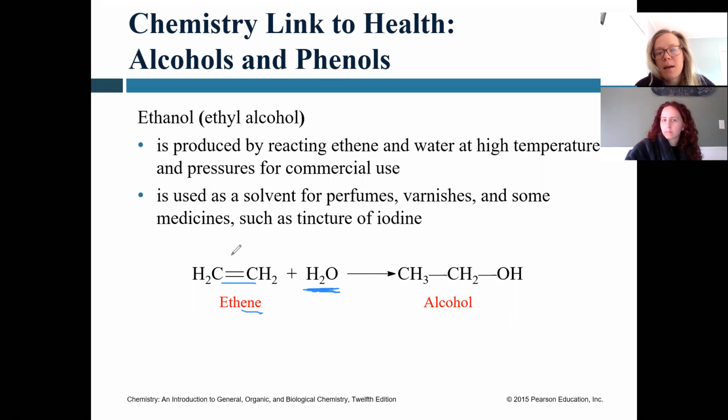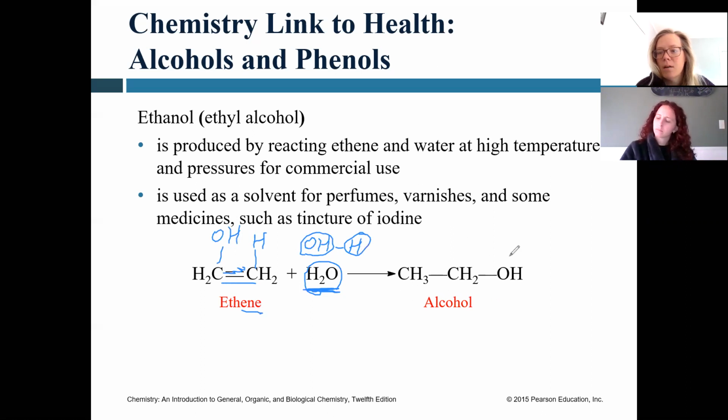And what will happen is this double bond will open up, and you want to start thinking about water with alcohols as sometimes they'll even write it as OHH. So there's an OH and an H. The H gets plopped onto one of these, and the OH will get plopped onto the other one, right? And then you lose the double bond.